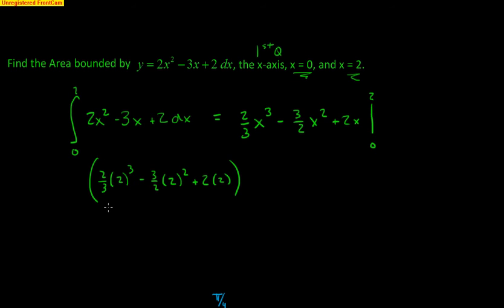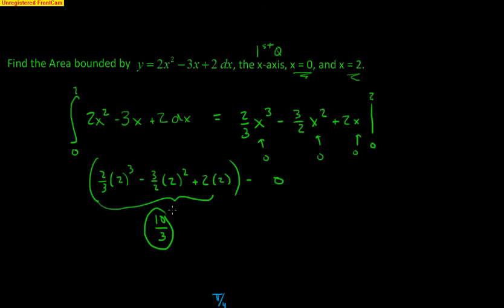We're going to take that whole number and subtract what we get by plugging in the bottom. What's nice is you can see that's going to be 0, that's going to be 0, that's going to be 0, so I'm not even going to waste time there. After all of that, once you plug that into your calculator and simplify, you're going to get 10/3 for your area.